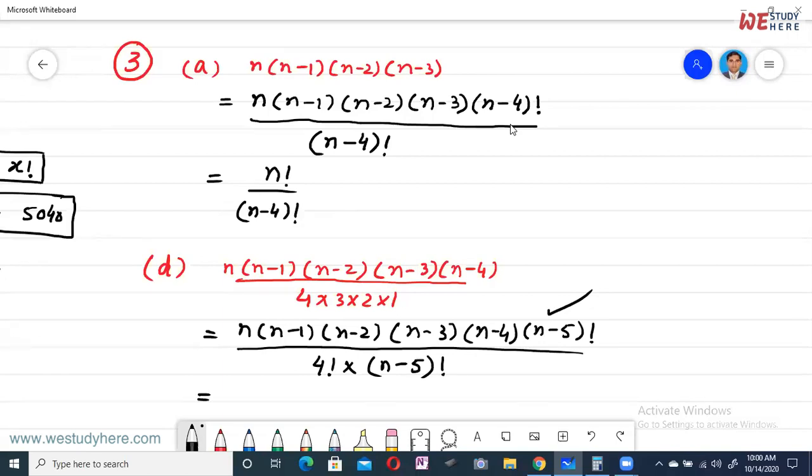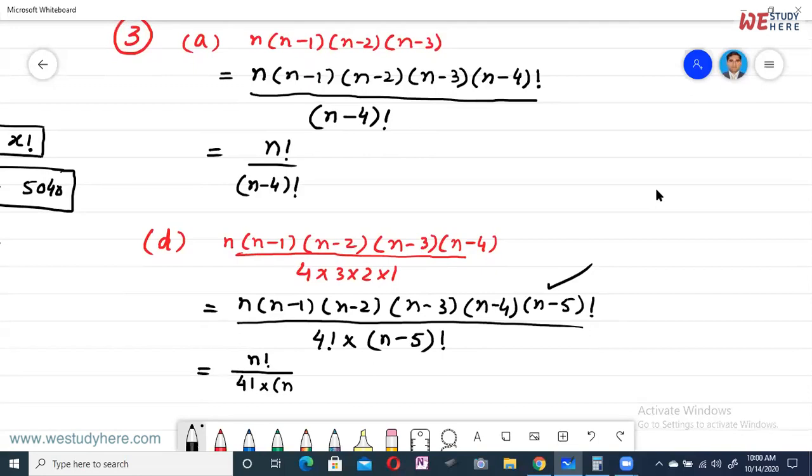Then in the numerator, there will be n factorial divided by, in the denominator, 4 factorial into n minus 5 whole factorial. This is the solution.